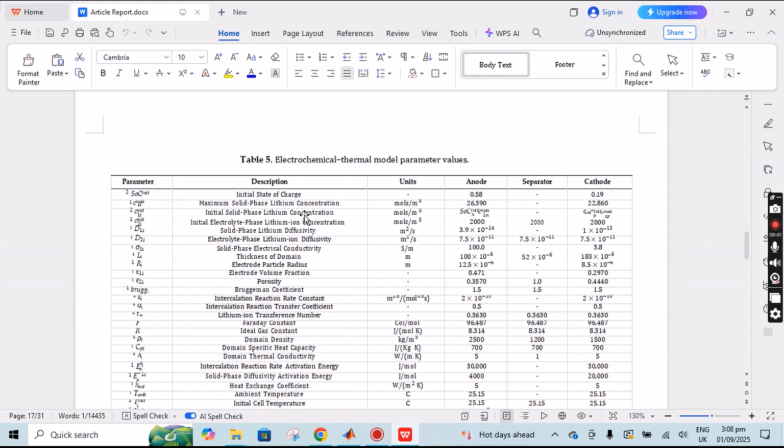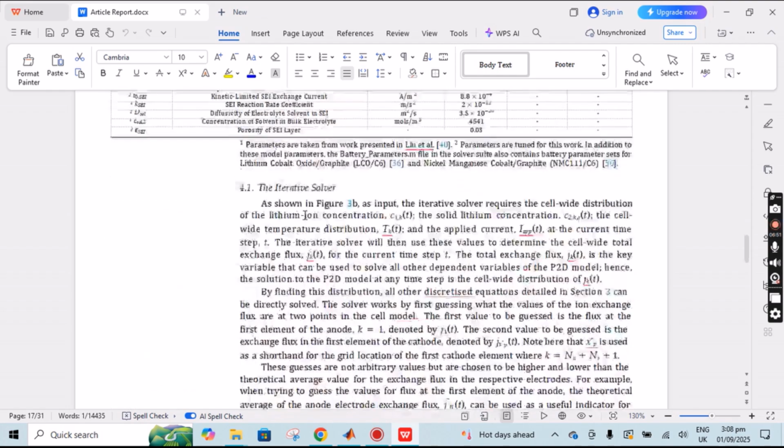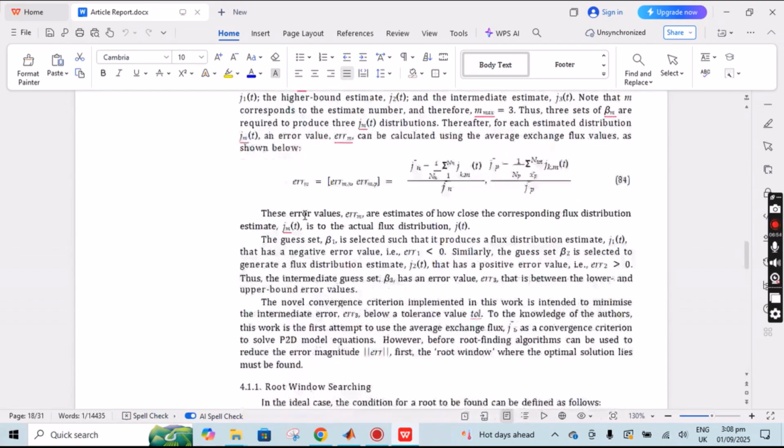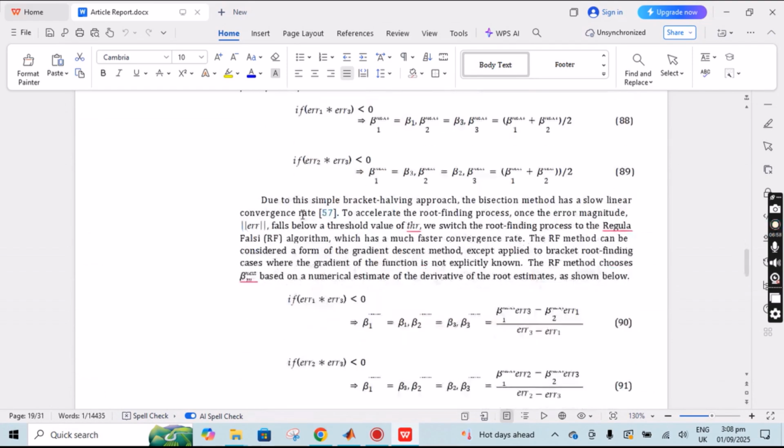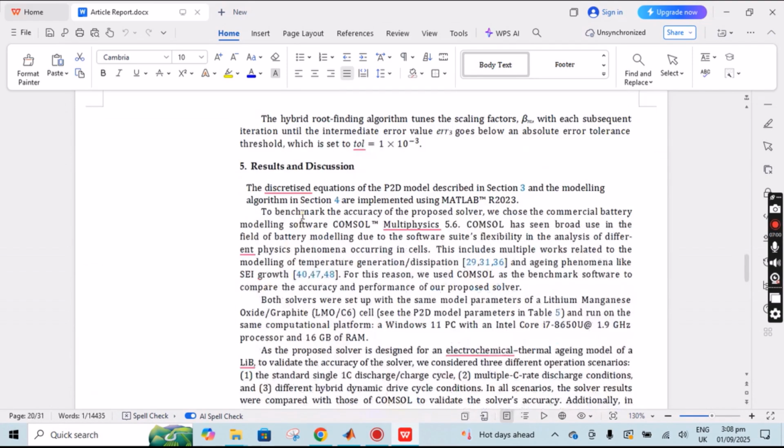Yes, Table 5 provides the complete parameter descriptions, the anode, separator, and cathode values, units, everything added in this section. So all the equations and the hybrid root finding algorithm equations, this complete project was based on a mathematical equation solver.